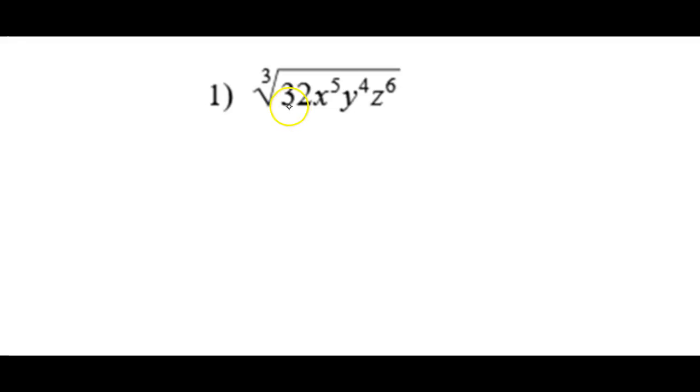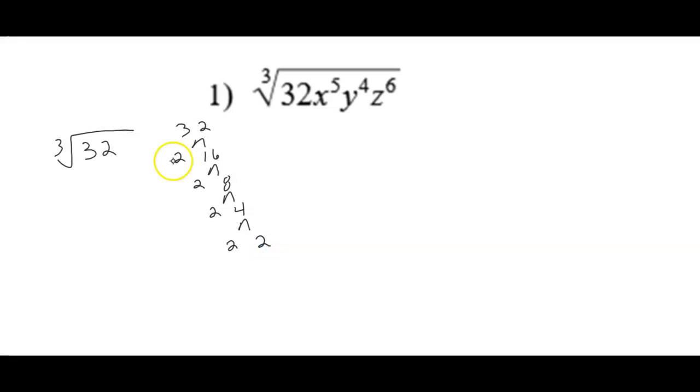So what we did yesterday is we took our number, we were looking for the cube root of 32, and then we took that number and we made a factor tree. So you're going to divide this by 2 until you can't divide it by 2 anymore. And then we ended up with 1, 2, 3, 4, 5 2's.